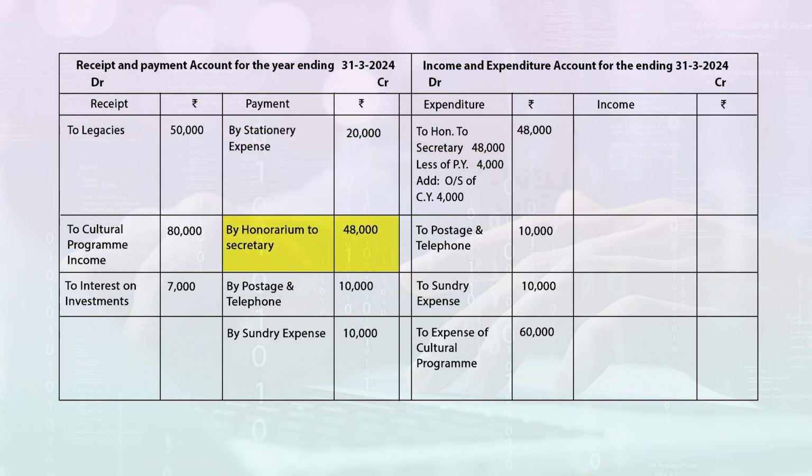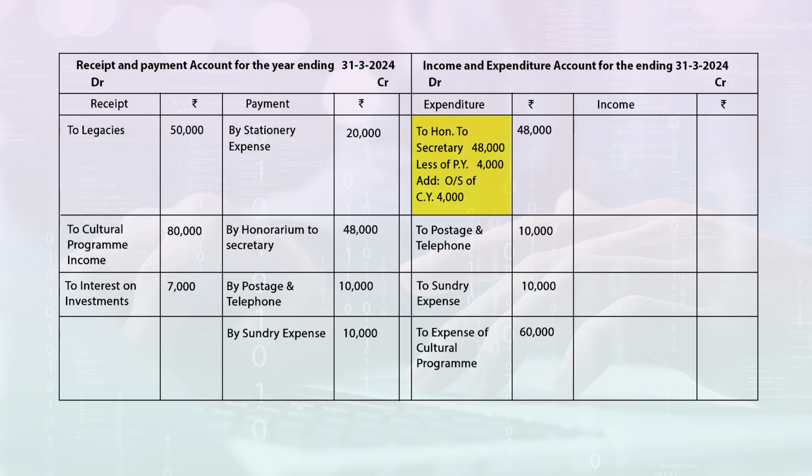Focus on the honorarium to the secretary. The amount is rupees 48,000. On the payment side of receipt and payment account, we will be showing rupees 48,000. On the debit side of income and expenditure account, the amount is also 48,000, but it is calculated as under.